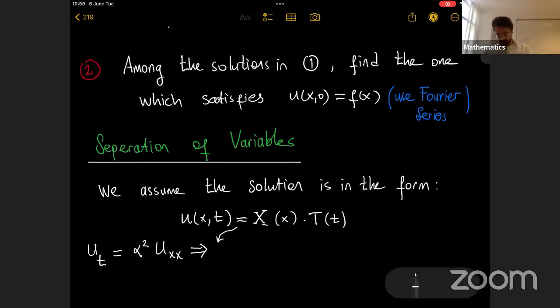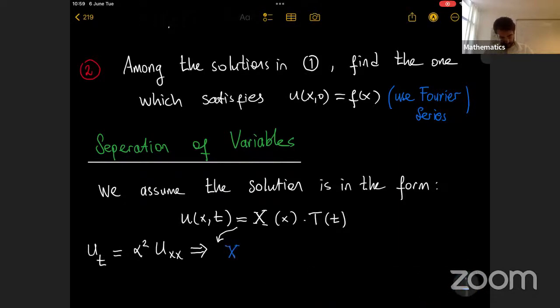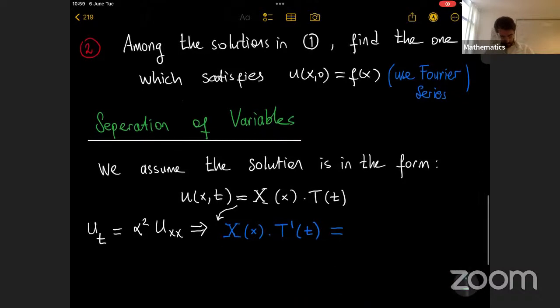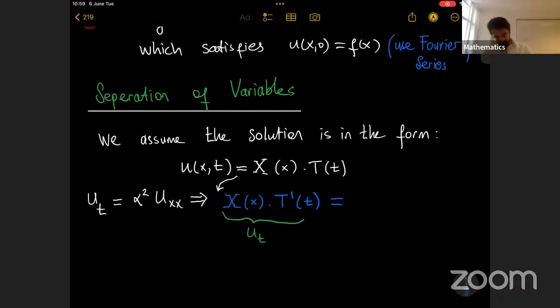U sub t is basically, you differentiate with respect to t. So X is a constant for us now. It's X of x times T prime of t, right? This is u sub t. This is equal to alpha squared times u sub xx.